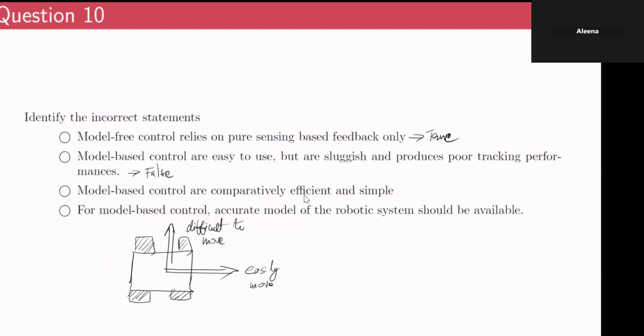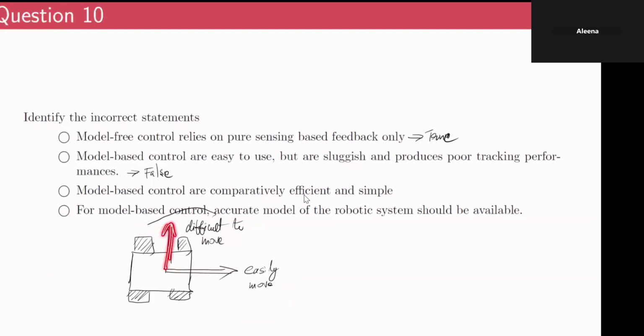So if you are using a model-based control, you can actually make use of this information, right? The model will capture the fact that the robot can easily move along the longitudinal direction, and it has some inertia to move in the lateral direction. You have this inertia matrix, right?